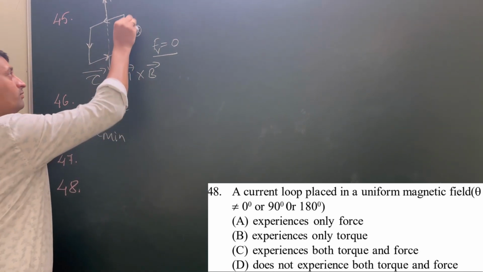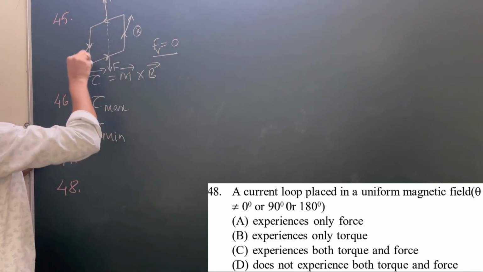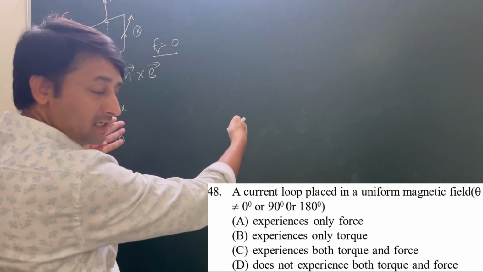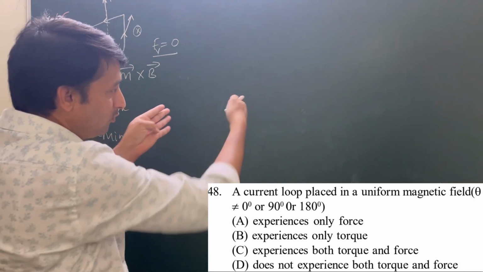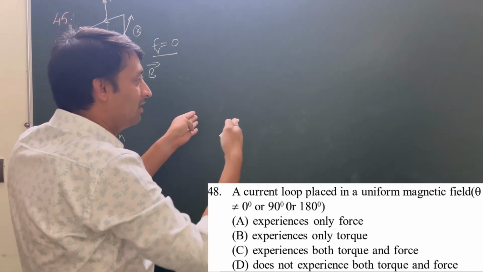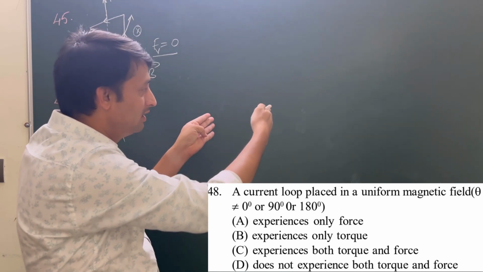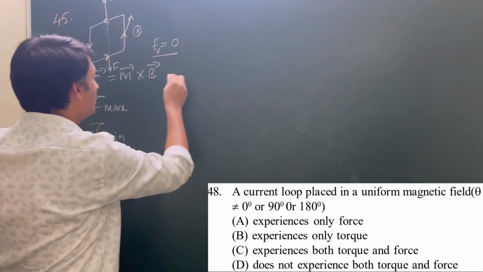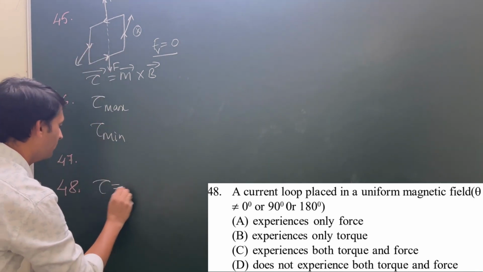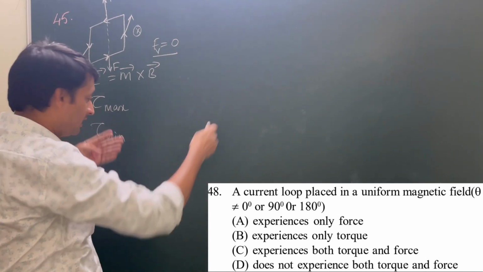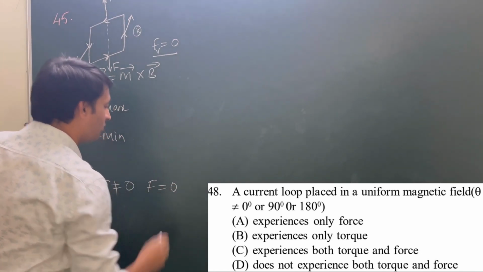There are forces in the opposite direction, one force in this direction, the other force in this direction. Both the forces are acting in the opposite direction, but they are not acting along the same line. So it produces a rotational effect. Tau is not equal to 0. That means it is producing a rotational effect, but the net force is equal to 0.